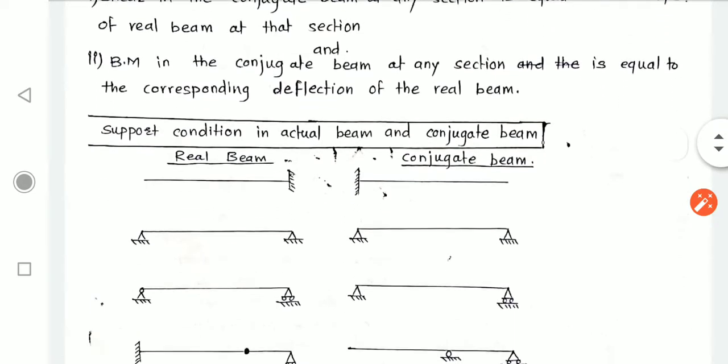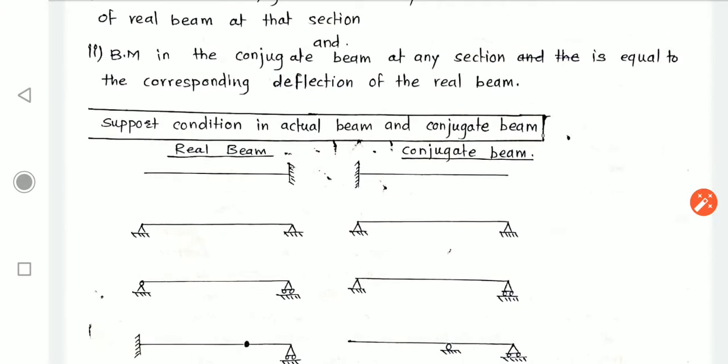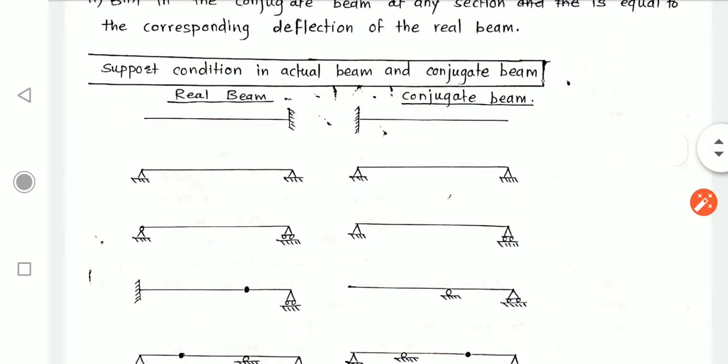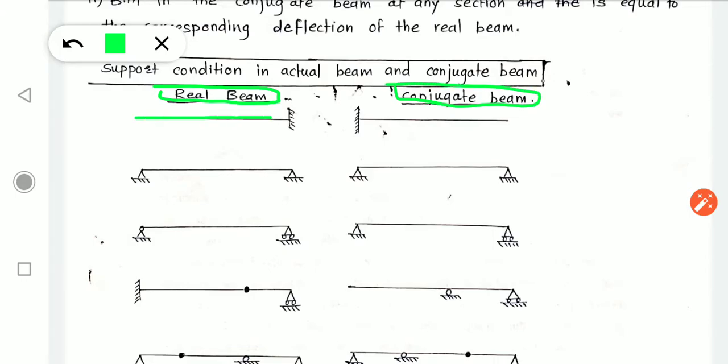Now let's understand how to draw a conjugate beam for a real beam. The support conditions in the actual beam and the conjugate beam are different, and that's why we are learning it. See here, in the first part I have drawn real beams, in the second part I have drawn conjugate beams. Let's see the first case. In the first case I have drawn a cantilever beam.